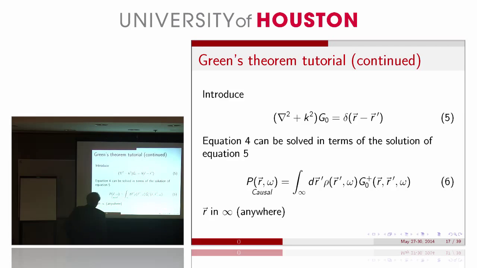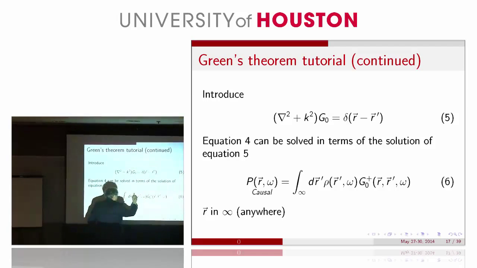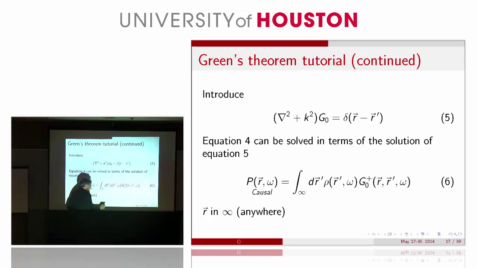And you get that by this corresponding equation, where the source is ideal, the wavefield function, and then the solution to the problem on the last page, where the right-hand side is a function rho, is just a superposition of the solution for the delta function times the weight of the actual source at R prime. And so this is a solution.